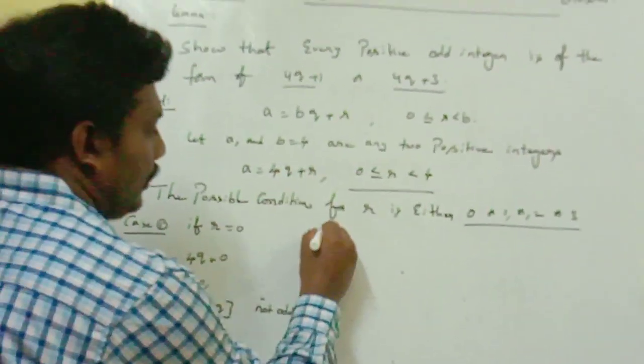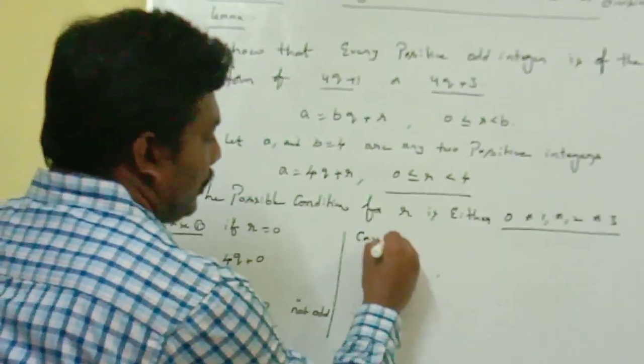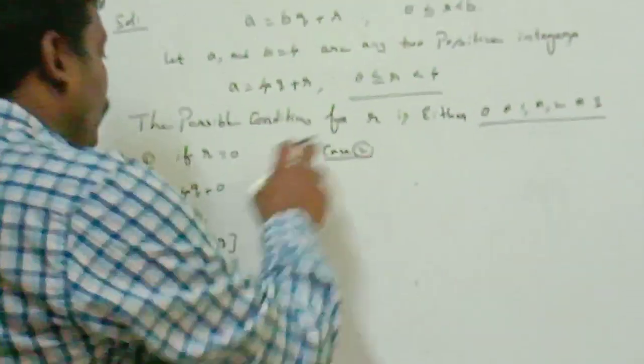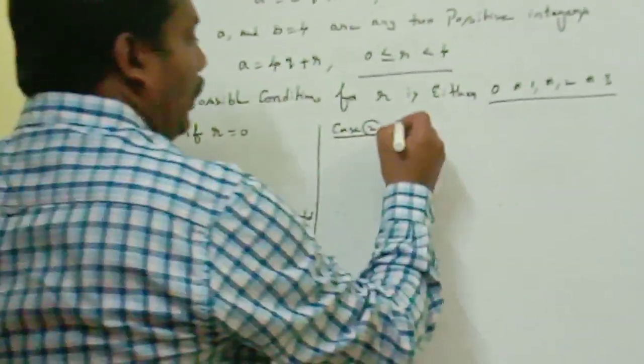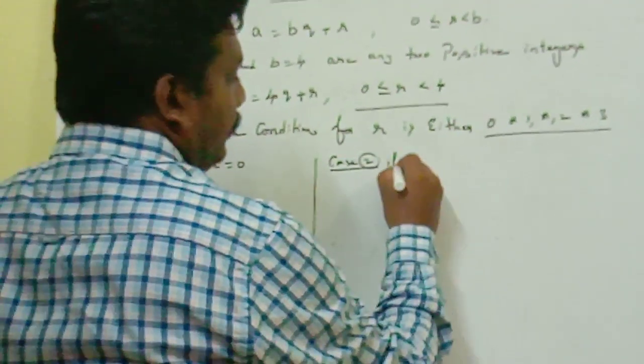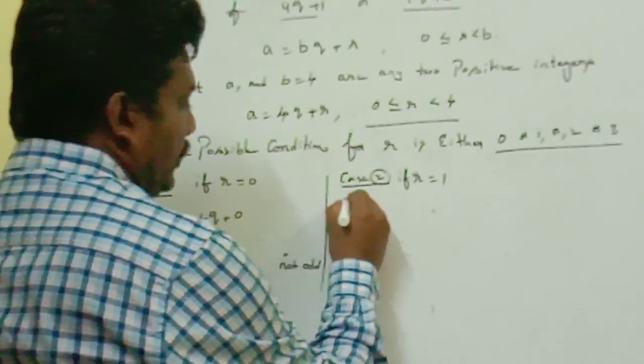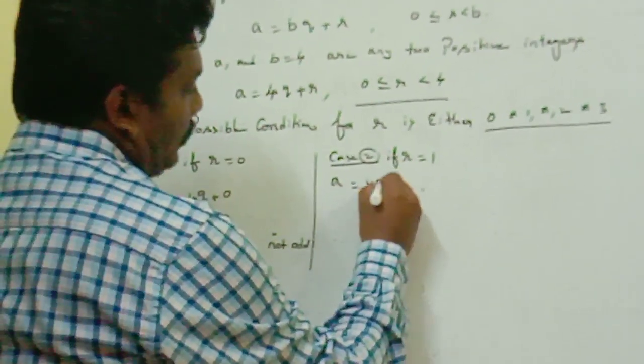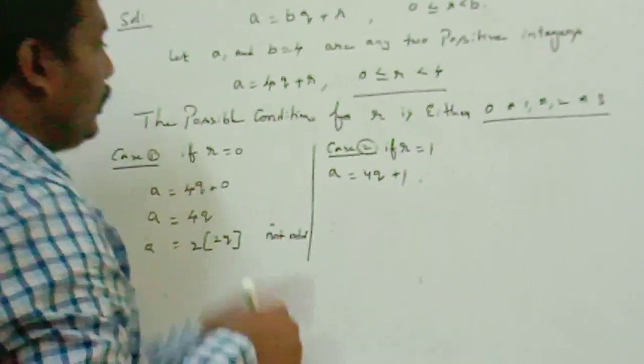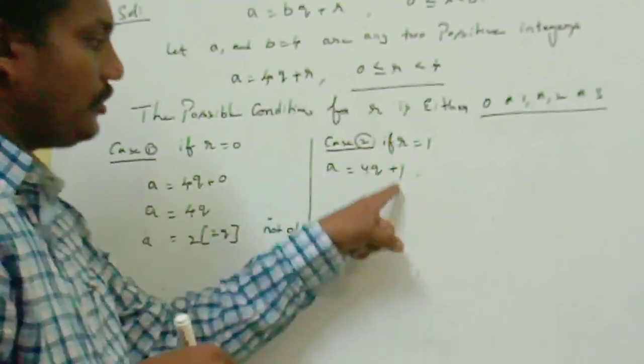Then coming to case 2. If r is equal to 1, then what is the condition? a equals 4q plus 1. In the place of r, we take 1.